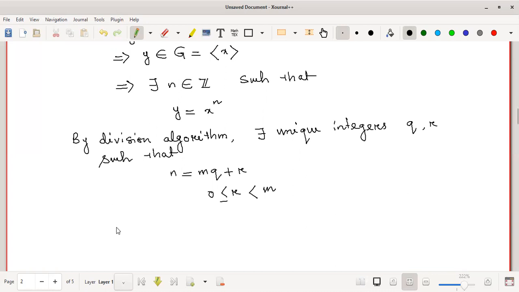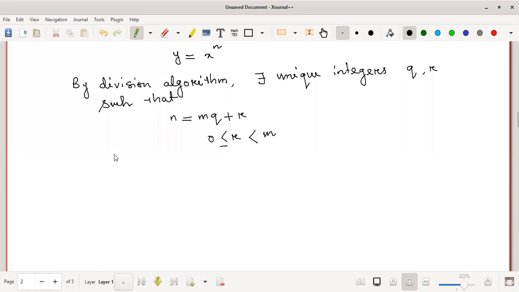Fine. If I can prove that r is equal to 0, then I am through. Because if r is 0, n equals mq, then y will be equal to x to the power n. x to the power n is nothing but x to the power mq, and that is equal to x to the power m, to the power q. Then I am through. So suppose r is non-zero. Suppose r not equal to 0. Then what happened?